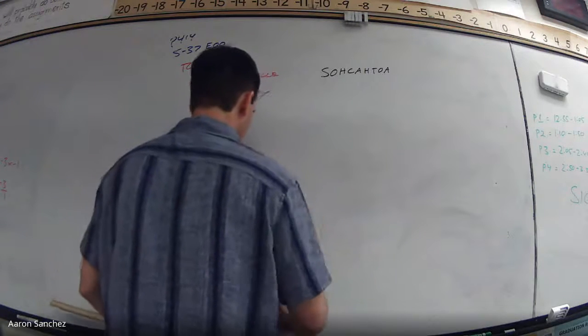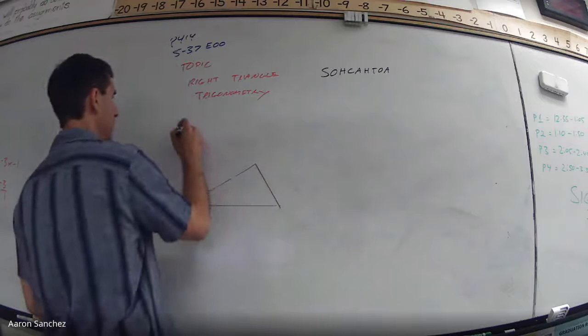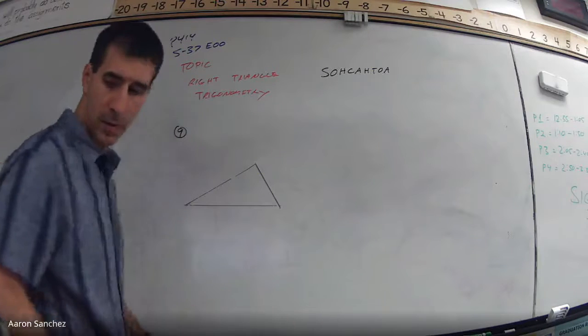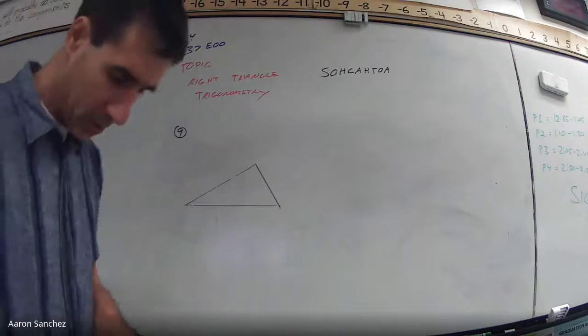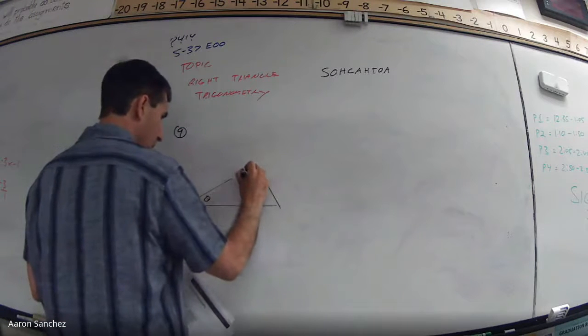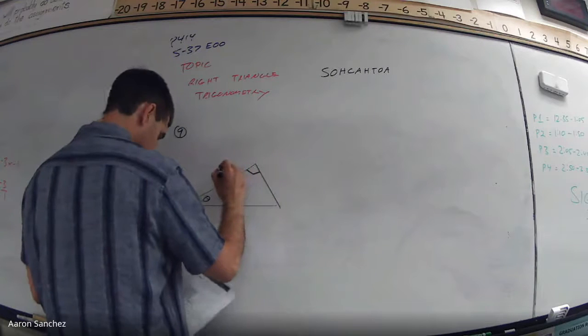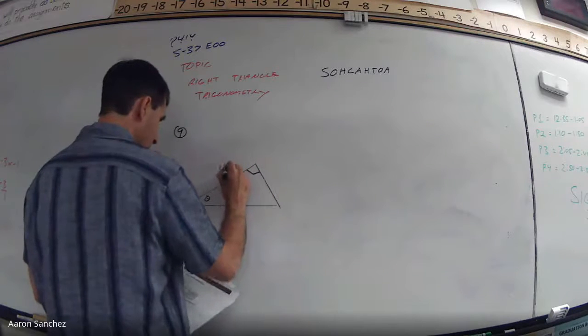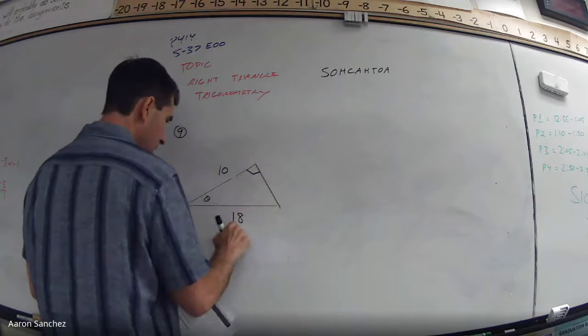Okay, here's my triangle. This is number 9. Okay, so now we have angle theta here. Here's my angle. This is my right angle. Now this is 10 and 18. Now notice this is my hypotenuse.